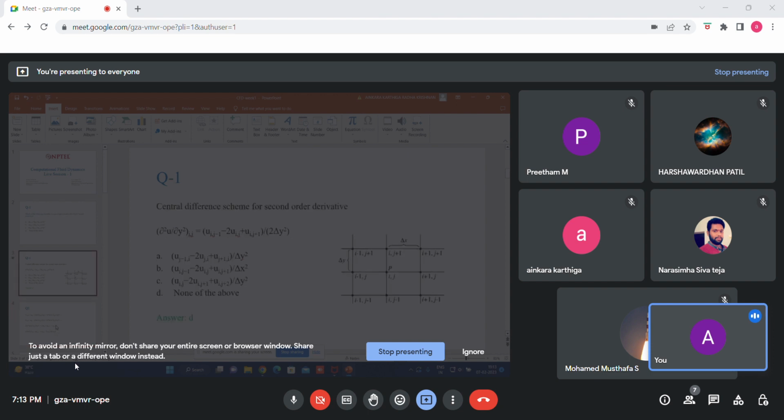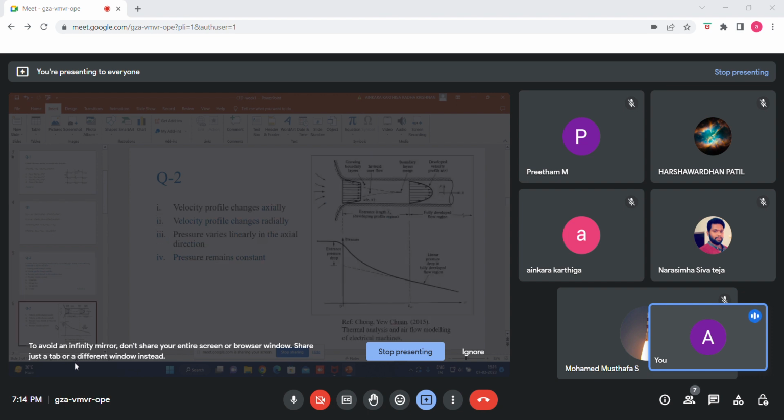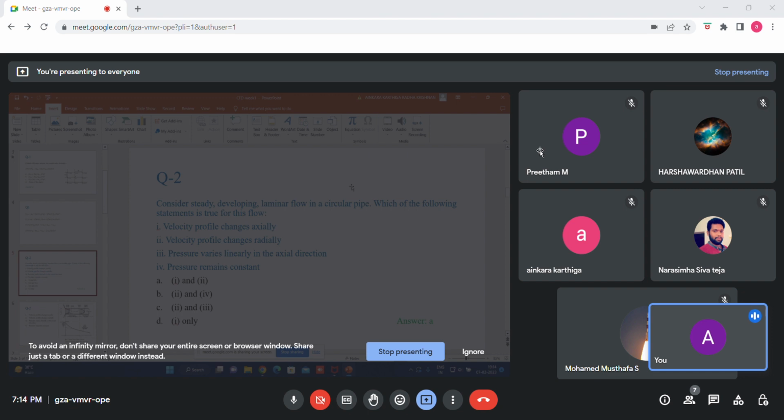So this is question 1, and question 2 was asking for a steady developing laminar flow in a circular pipe, and asking which of the following statements were true. For that only we saw this profile, where it was showing that in a cylindrical column, fluid is flowing, and it is a steady state flow and laminar flow, and it is a developing flow.